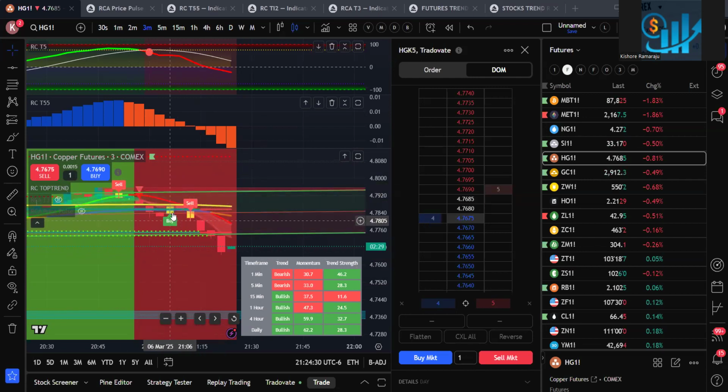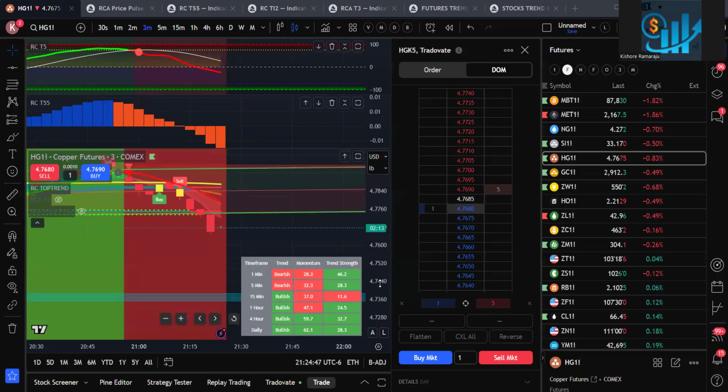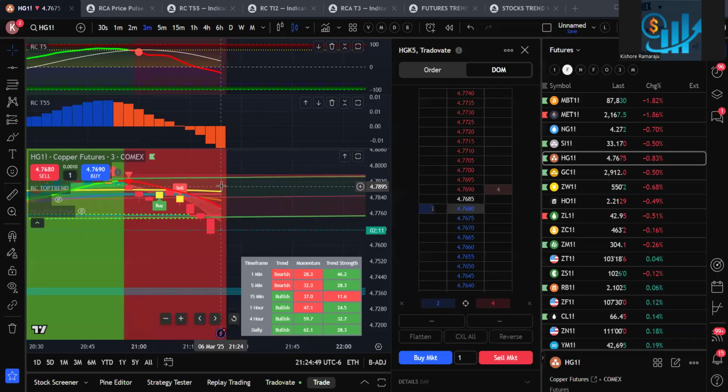If the trend is bearish, you will ignore the buy signal. If you get a sell signal, you take it. You got a sell. Here also sellers. Here also you see the majority of the table is bearish. And then easily you can identify whether you should do buy or sell. That is a major advantage with the top trend indicator.